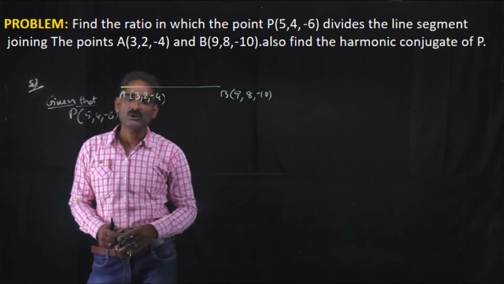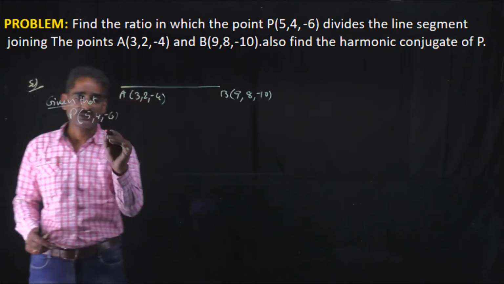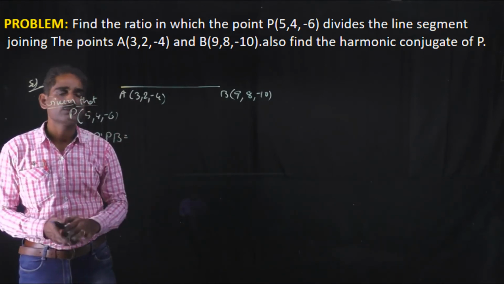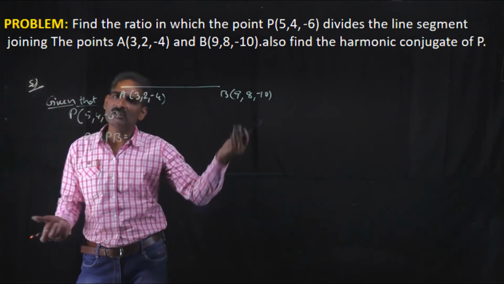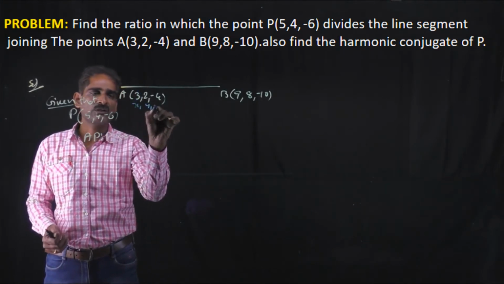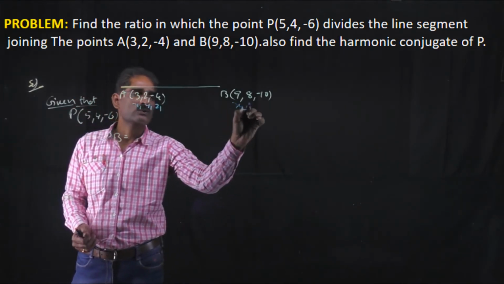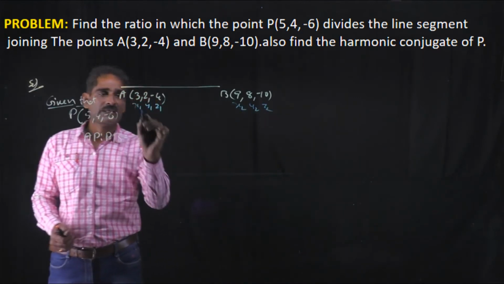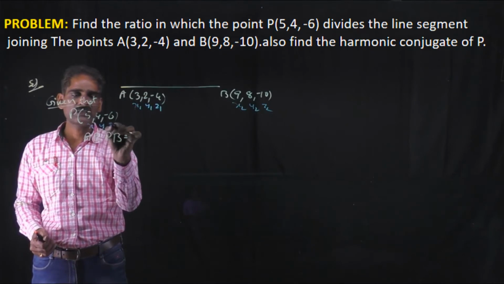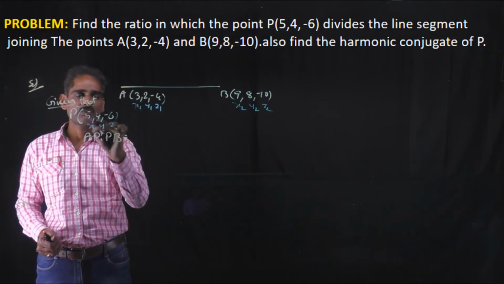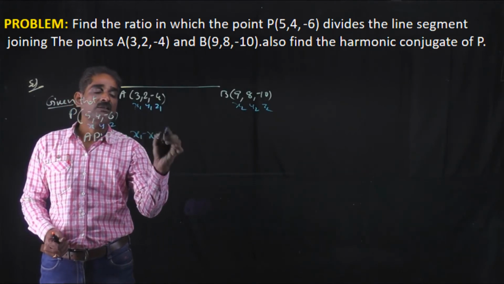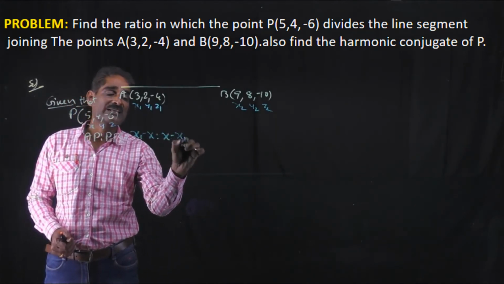First of all, find out the ratio in which point P divides, that means AP is to PB. With the help of x coordinates or y coordinates or z coordinates, now consider the x coordinates. x1, y1, z1, x2, y2, z2. Let us take this point be x, y, z. x1 minus x is to x minus x2.